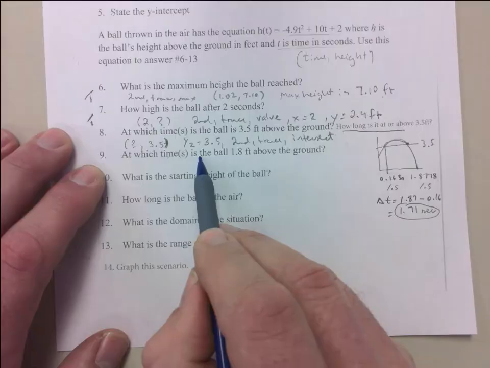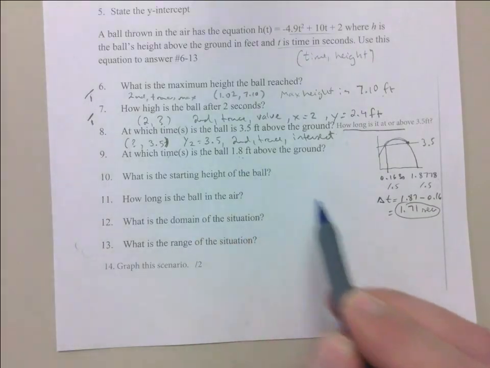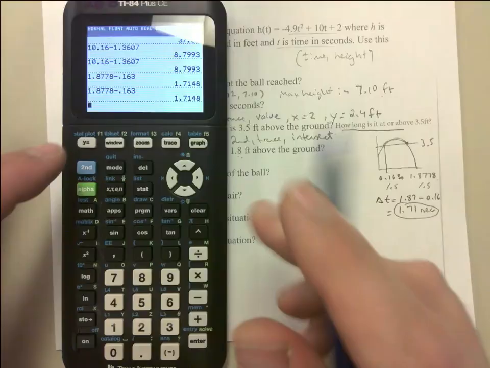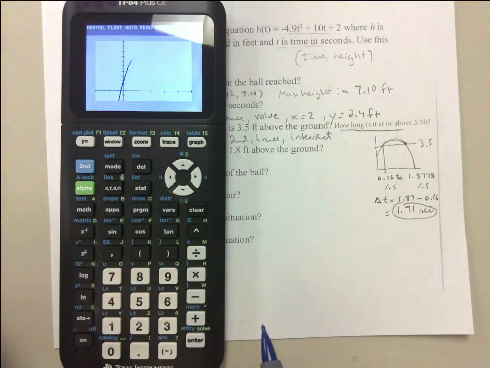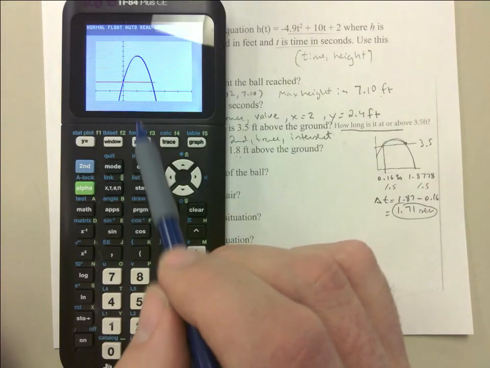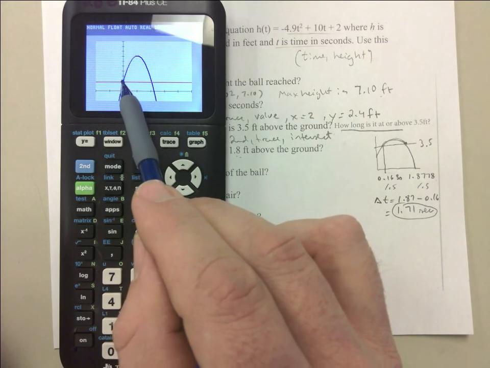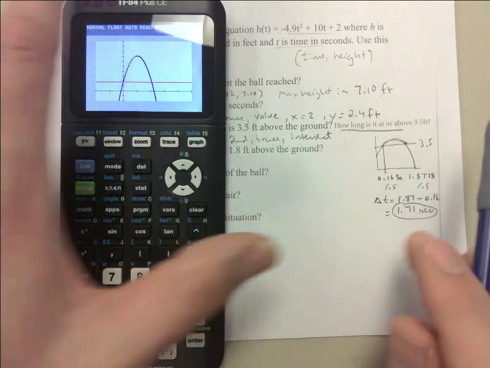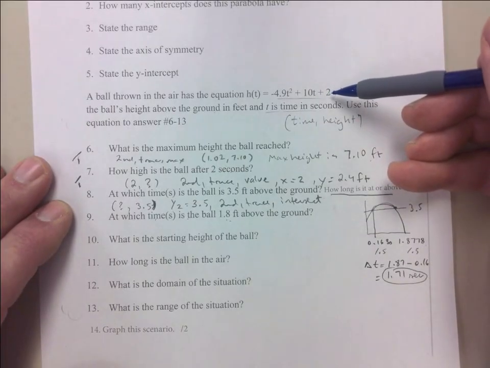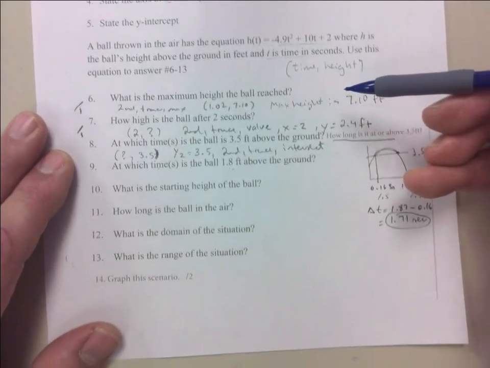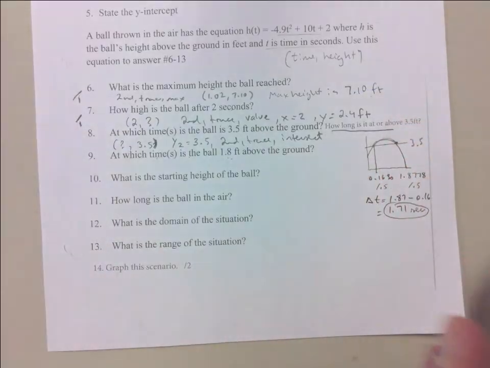At which time or times is the ball 1.8 feet above ground? So then I got to let y2 be 1.8, hit graph. And it only really starts from time 0 because you start off at a height that is greater than 1.8, right? You start at 0, 2. So the time starts ticking right from the beginning.